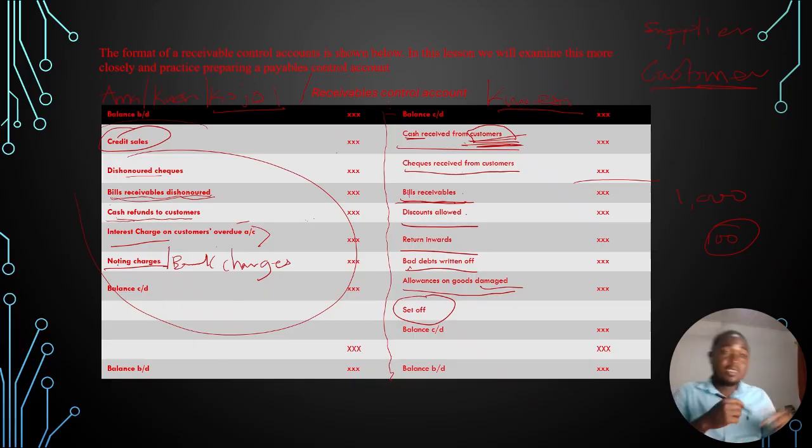So you can use how much he's owing you to set off how much you are owing him. So that one is a set-off. It means this same customer is also your supplier. After that, you balance the account. So let's move on.